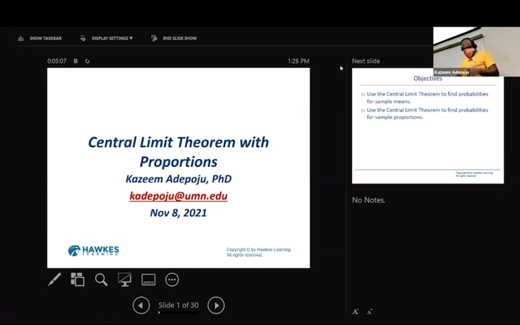I walked you through how the central limit theorem applies to some real life practical problems. I remember on Friday, I walked you through the central limit theorem, how it works with mean. But the focus today is going to be how the central limit theorem works with proportions.